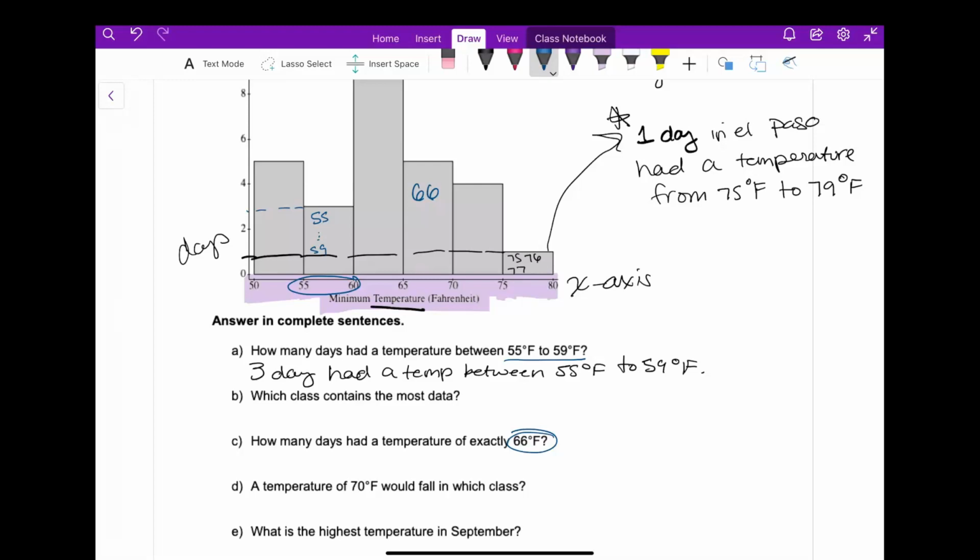I cannot tell you exactly how many days. Why not? Because there are 5 days in here. This bar contains 5 days. But I don't know what the temperature was. Because remember, this bin contains what? It contains 65, 66, all the way to 69. One of the things that happens when you put stuff in a histogram is you lose the original data.